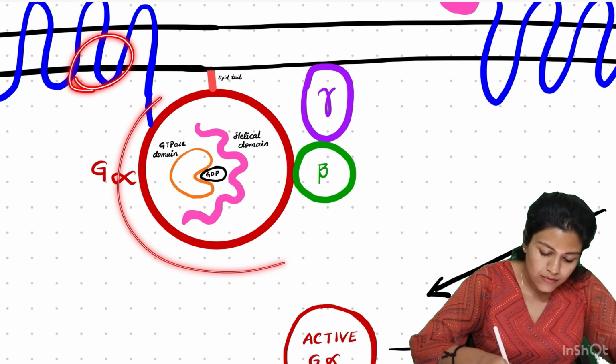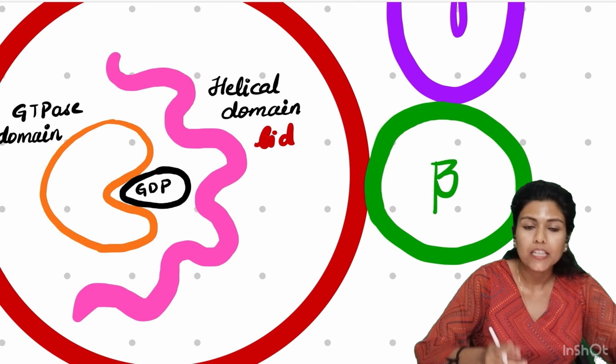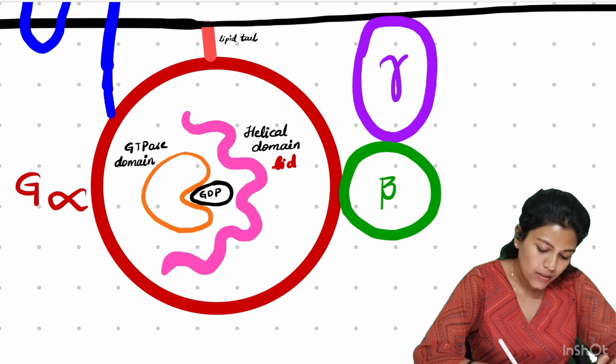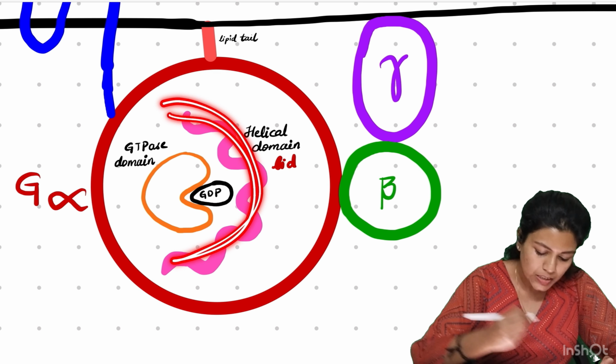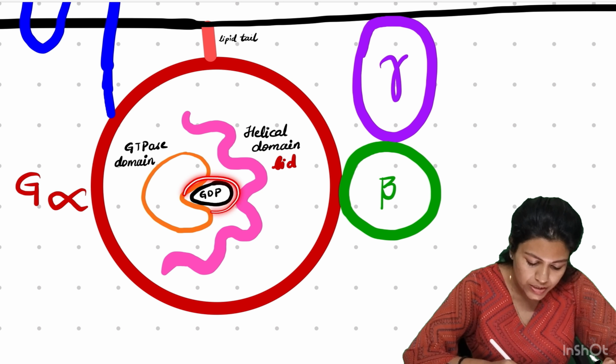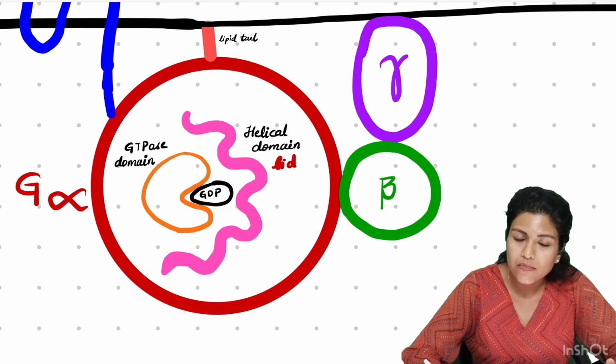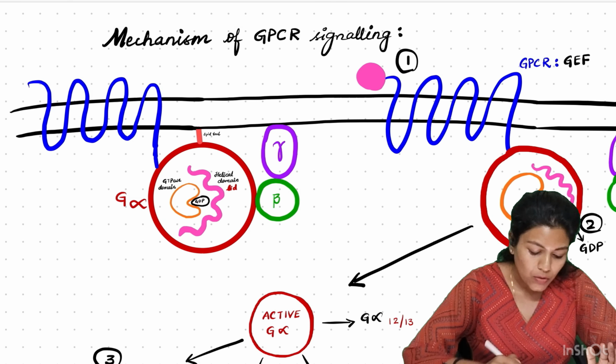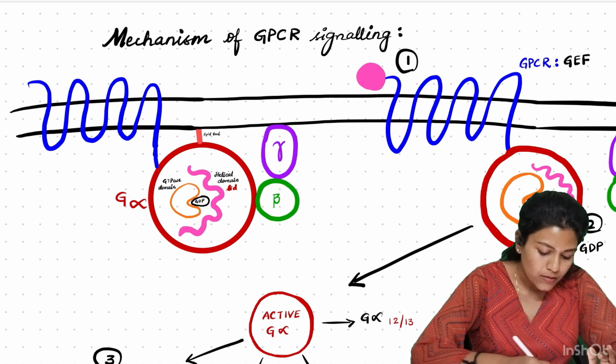So the helical domain acts like a lid. It covers the GTPase domain and prevents the GDP from falling off in the inactive state. So this is about the receptor and the alpha, beta, gamma subunits in the inactive state.